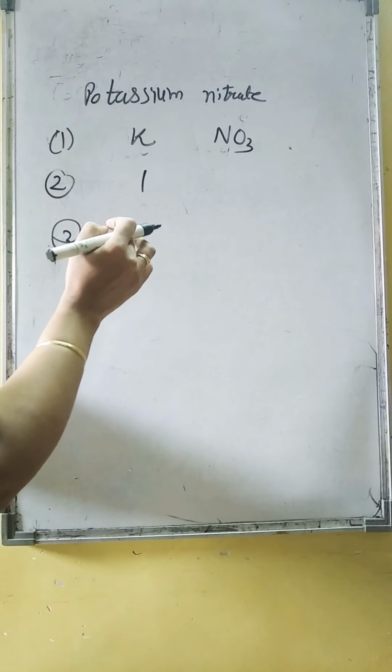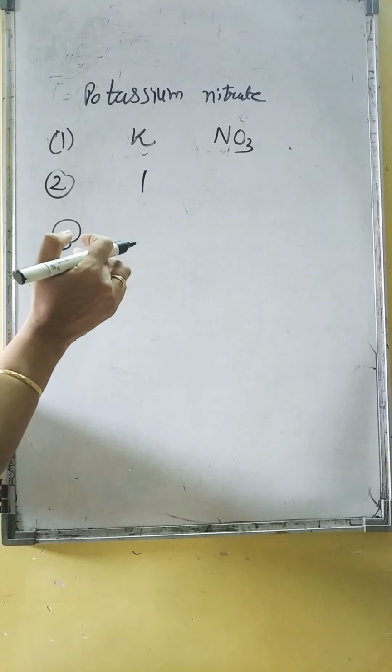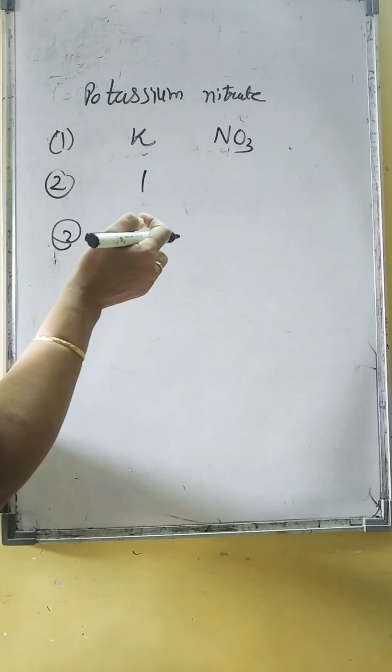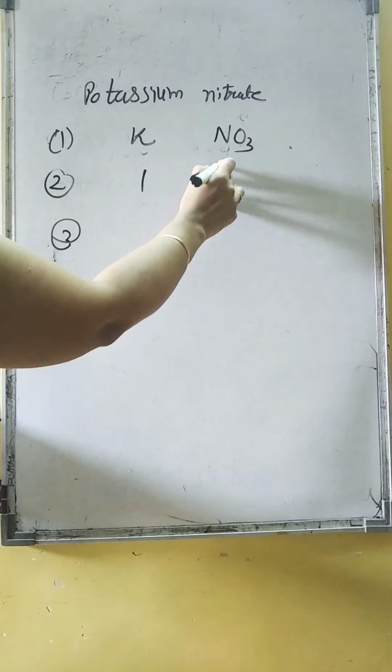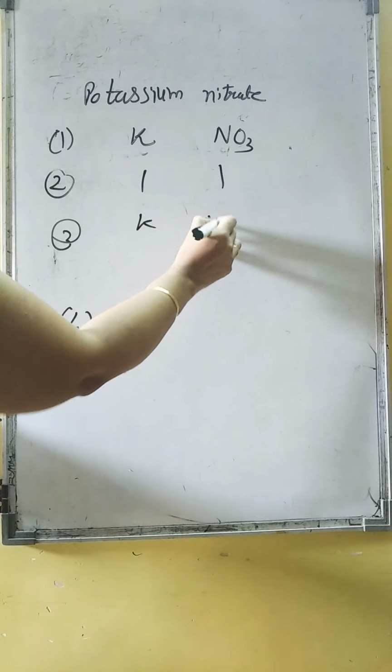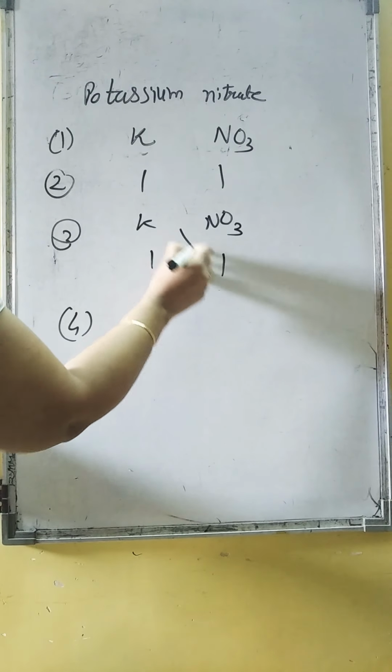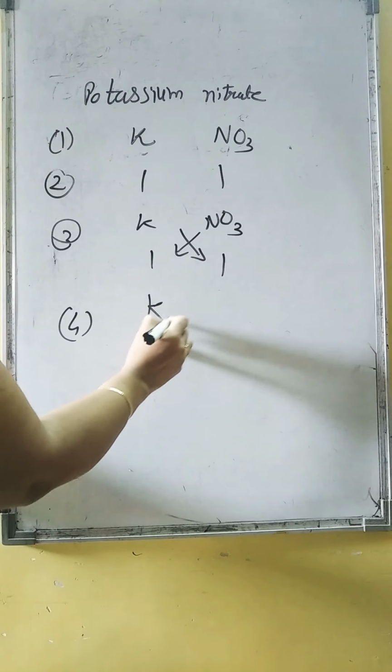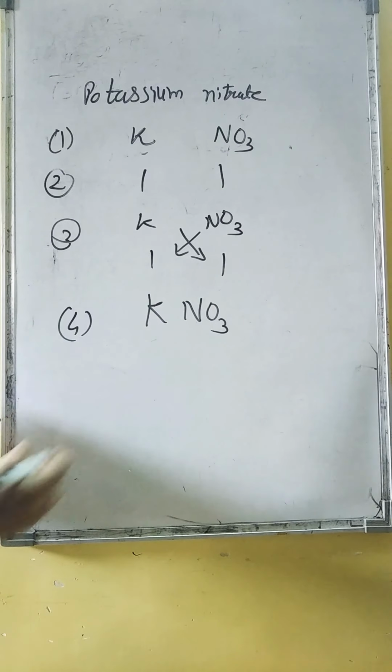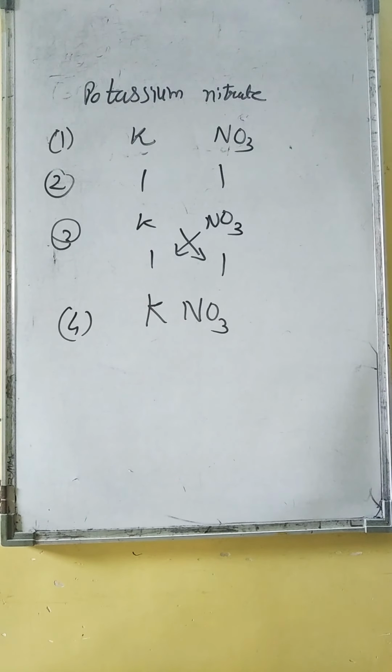So potassium is having 1, NO3 also 1. Right? And then you are going to do the cross multiplication. So your answer will be KNO3. Followed?